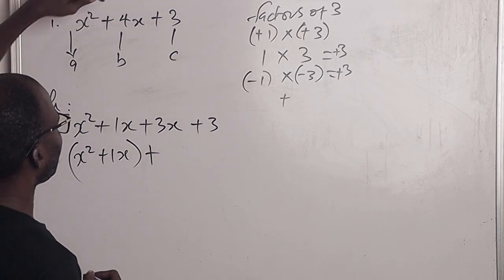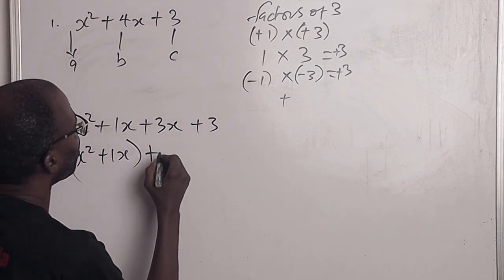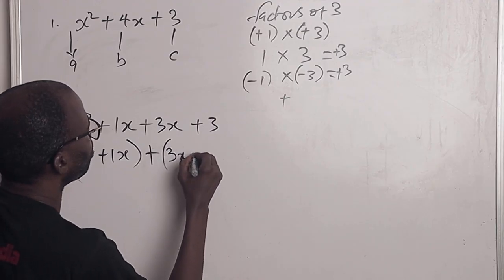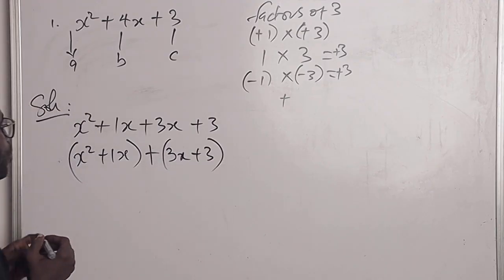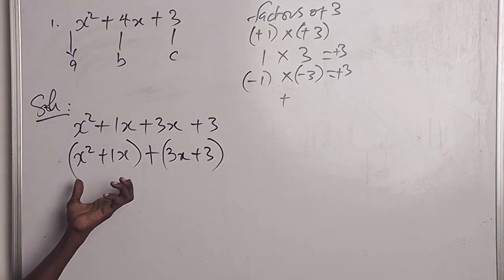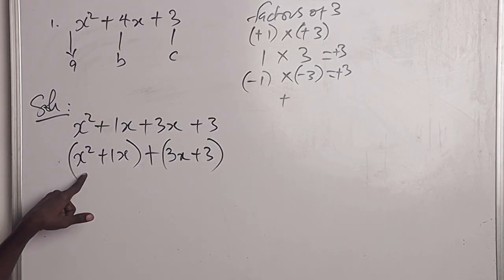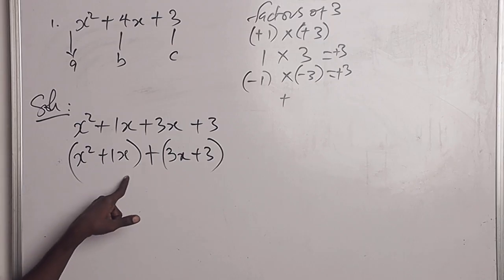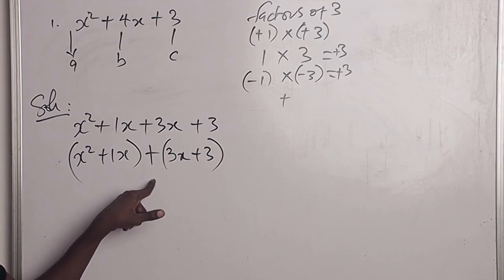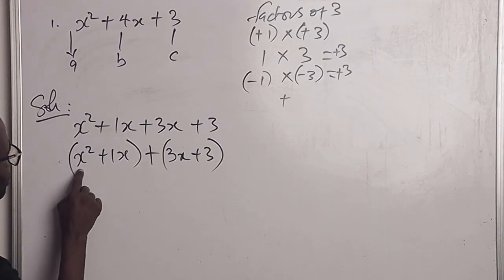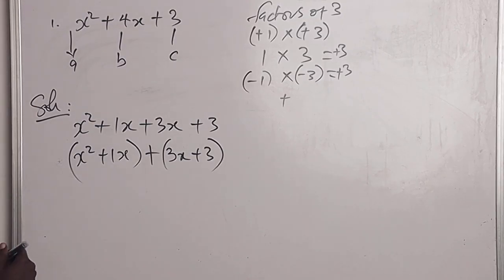We have 3x plus 3. So I've divided them into two brackets now. So what is the coefficient of this first bracket plus the coefficient of this second bracket? X is here, x is here.